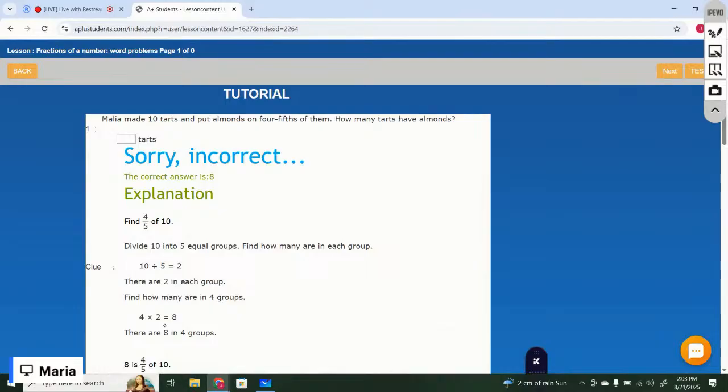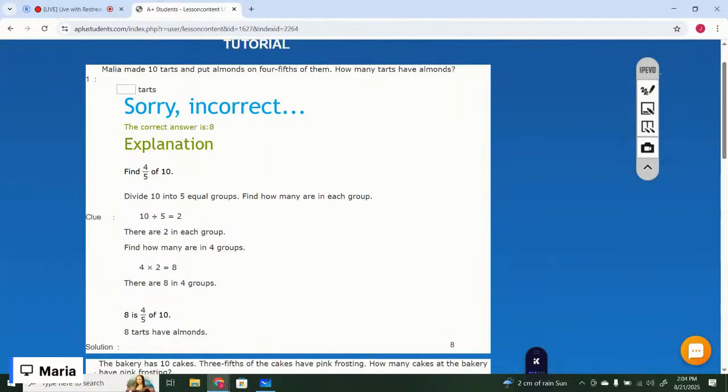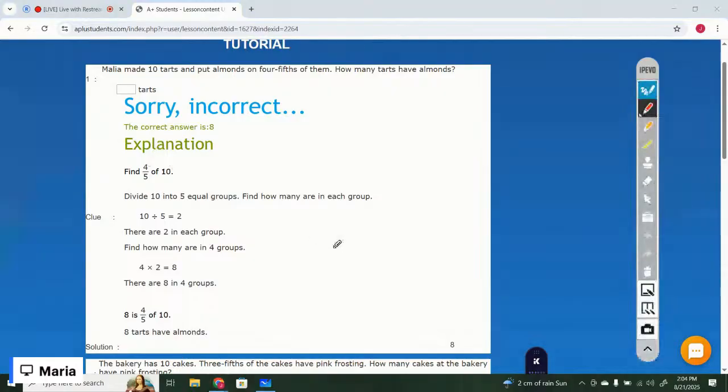Malia made 10 tarts and put almonds on 4/5 of them. How many tarts have almonds? So she made 10 tarts, right? And she put almonds on 4/5. So you need to calculate 4/5 of 10. How do we calculate 4/5 of 10? 10 has a denominator of 1.